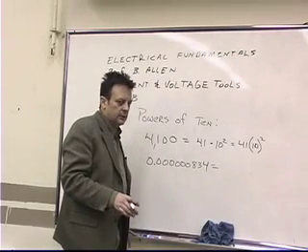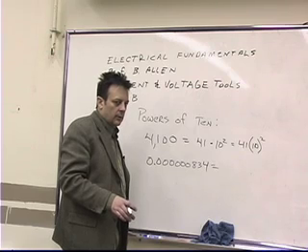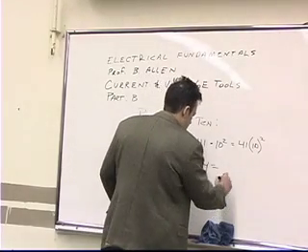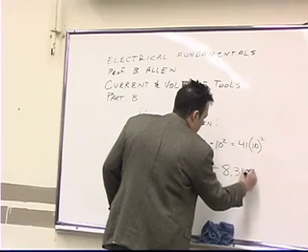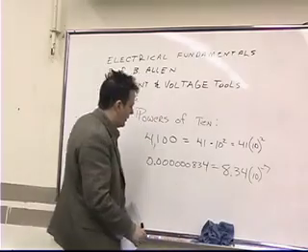What did you do it as? Oh, yeah, 10 to the negative 7. 8.34 times 10 to the negative 7th power.